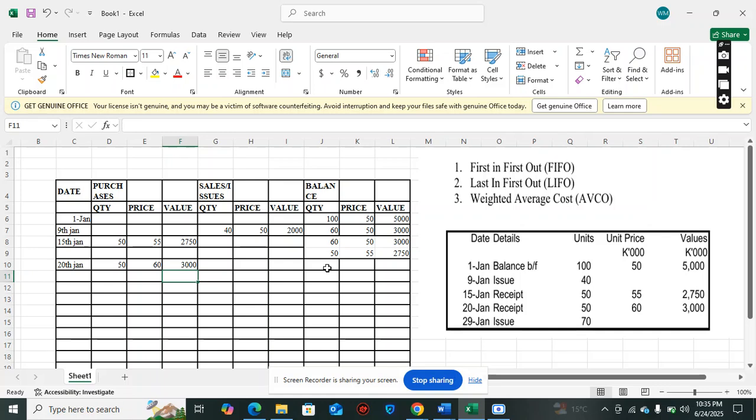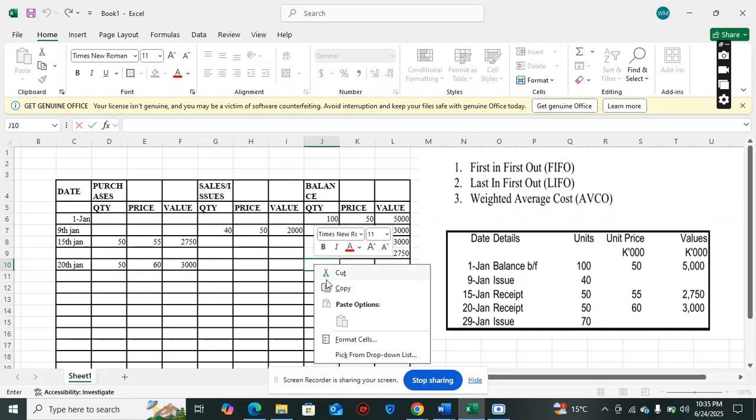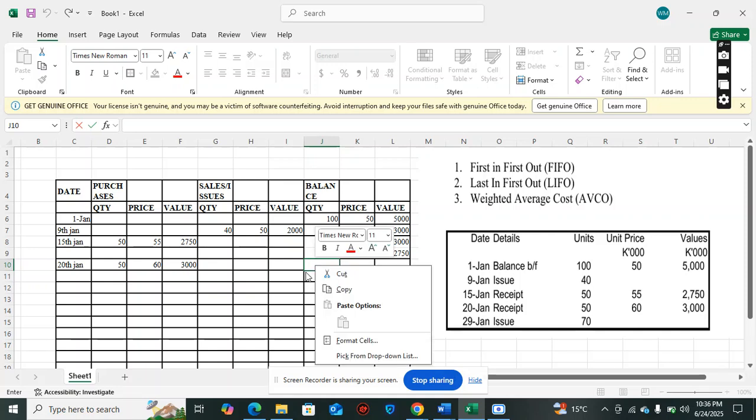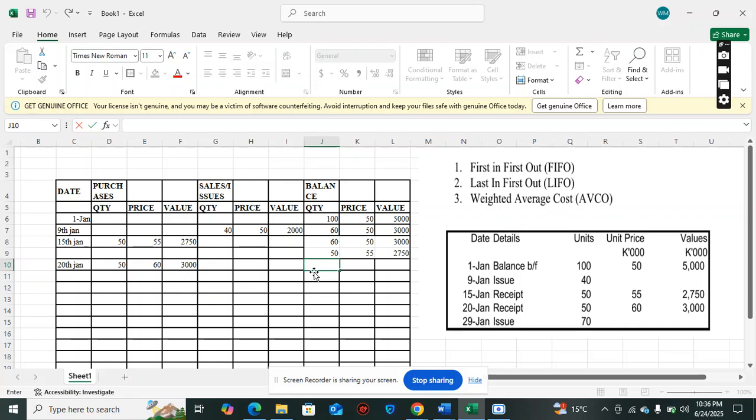Now we have another purchase, so again we need to divide our inventory. Initially we have the 60 units at 50 kwacha each, total value 3,000.